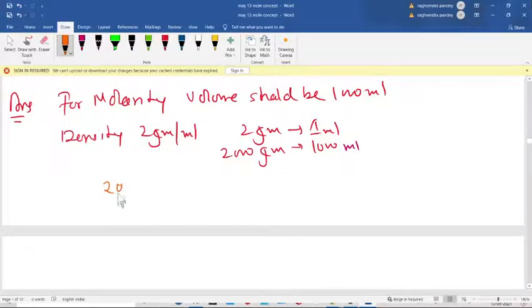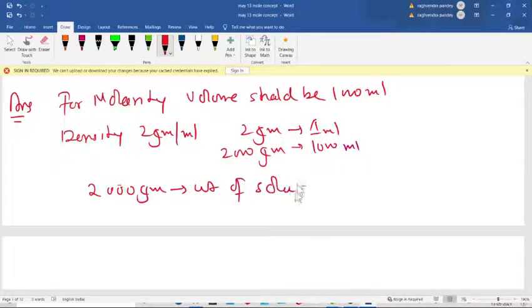Why does this color change every time? Sorry, that is a red color. So 2000 gram is the weight of solution. Everybody getting this?